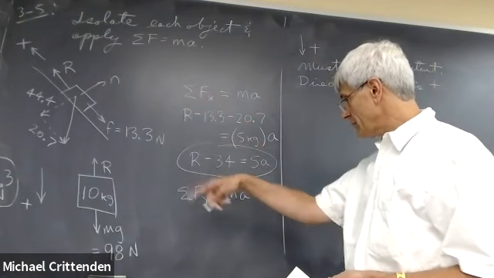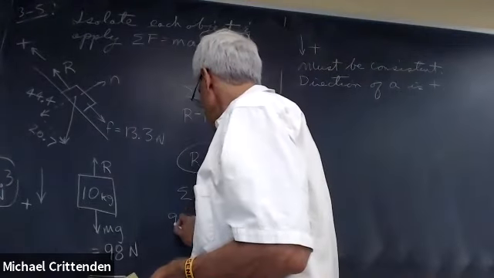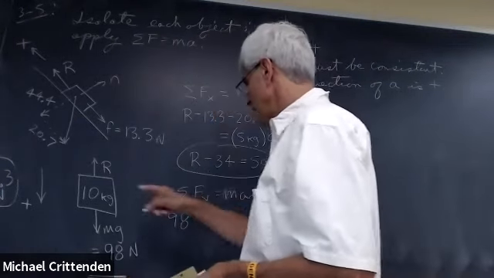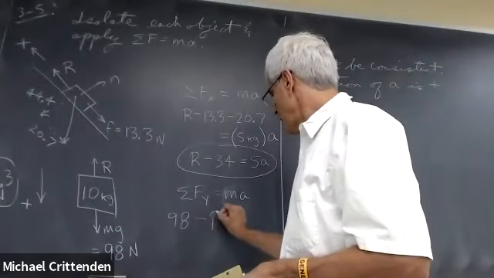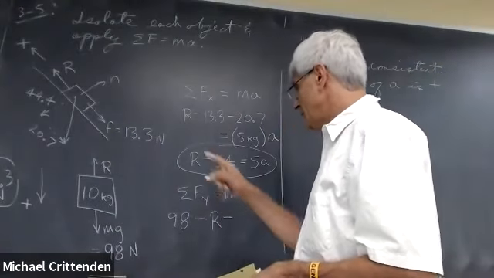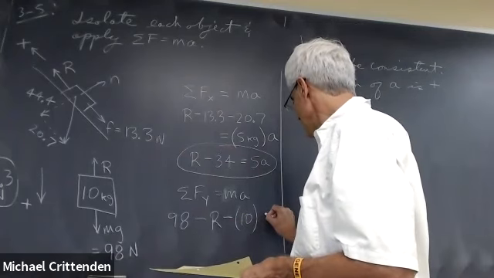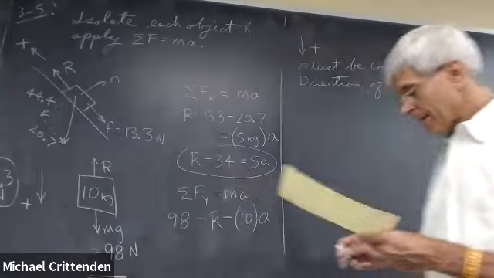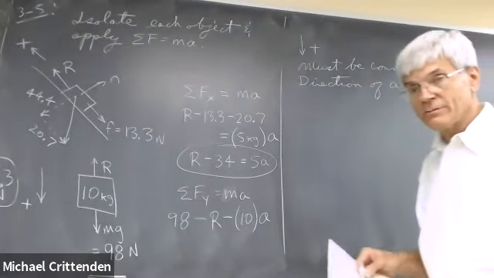So same acceleration for both blocks. 98 is in the direction that I have chosen to call positive. R is in the negative direction. 10 times A. There is my second constraint on the same two variables.